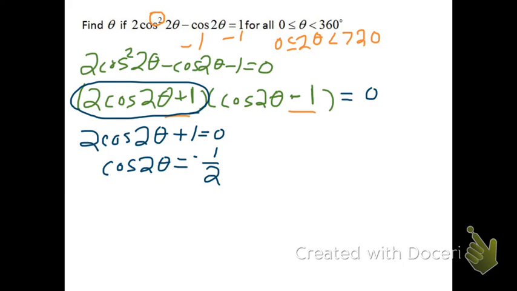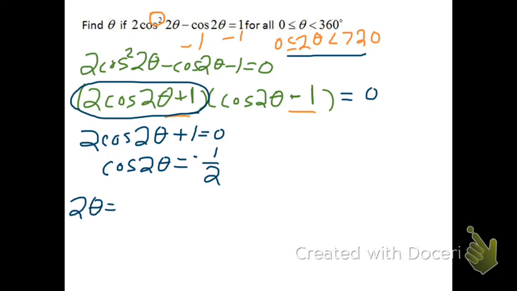So remember that 2 theta could be any angle in between 0 and 720. So let's write out all the possible values of 2 theta. Well, 2 theta has to be an angle with a reference angle of 60, because the cosine of 60 is 1/2.